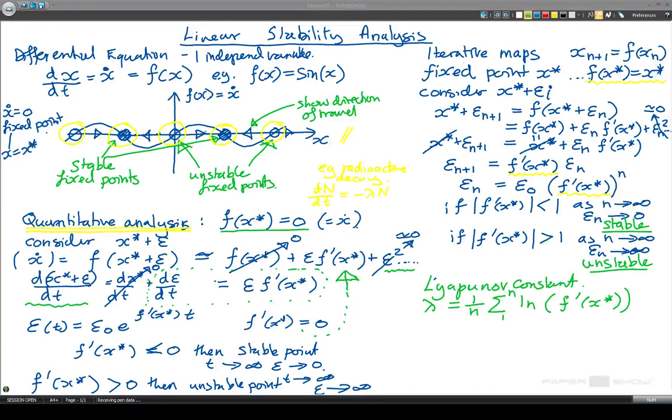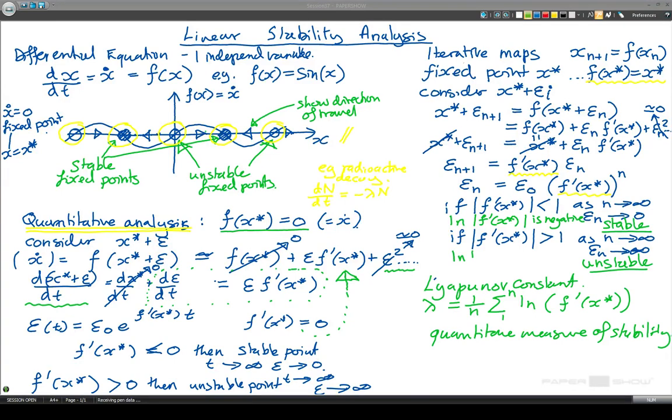So this is a nice quantitative measure of stability. Here we need to notice that the log of the gradient at x star, if it's less than 1, is negative.